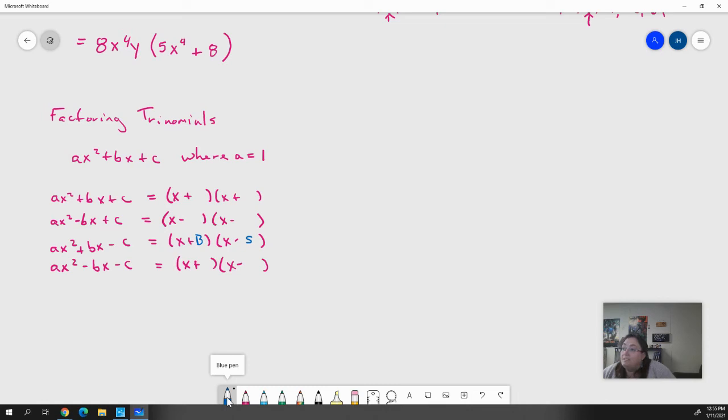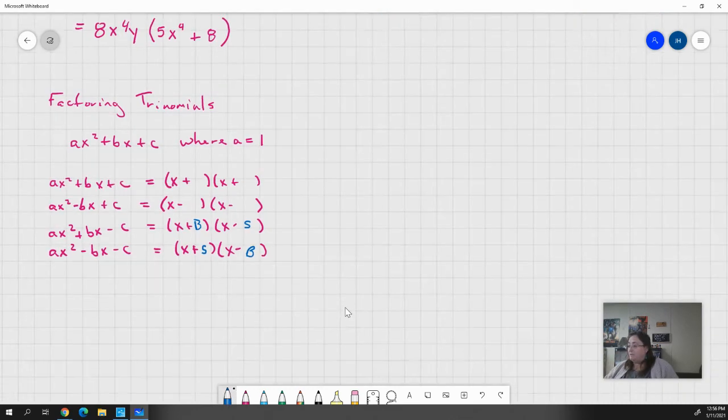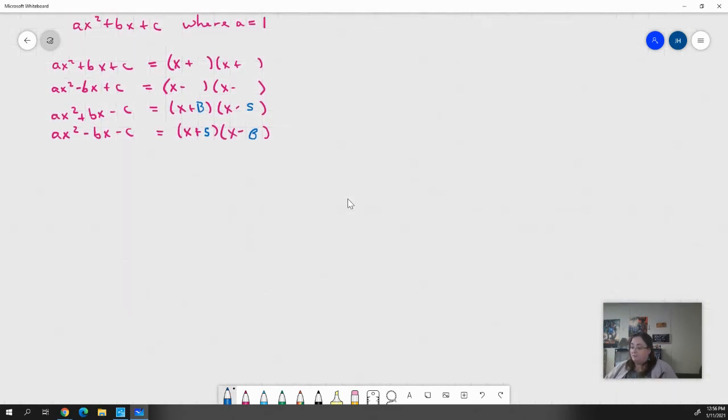If our b is negative, right, like we have here, the smaller factor will go to the positive and the larger factor will go to the negative. And I'll give you a couple examples of that. I won't spend too much time on it because you're going to get a little of this in class, but you're also going to get a little of this in your homework.